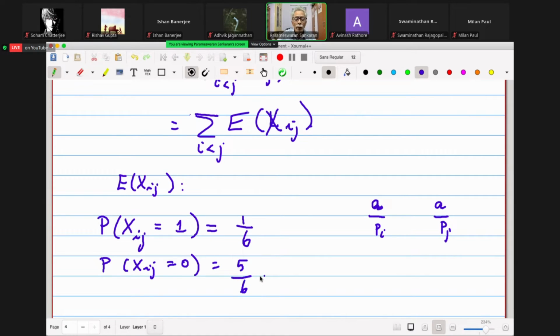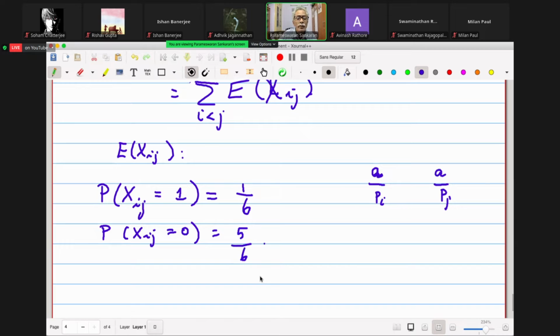Now what is the expectation of this? It is 1 times the probability of Xij equals 1 plus 0 times the probability of Xij equals 0.